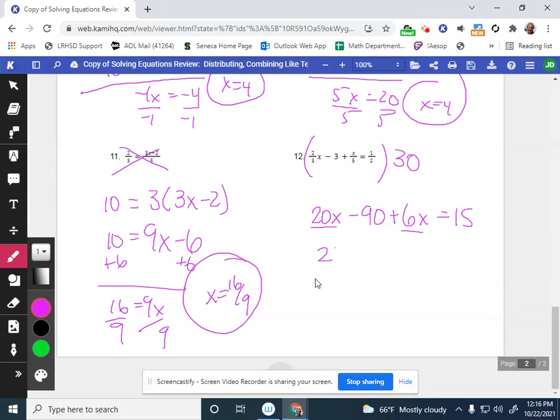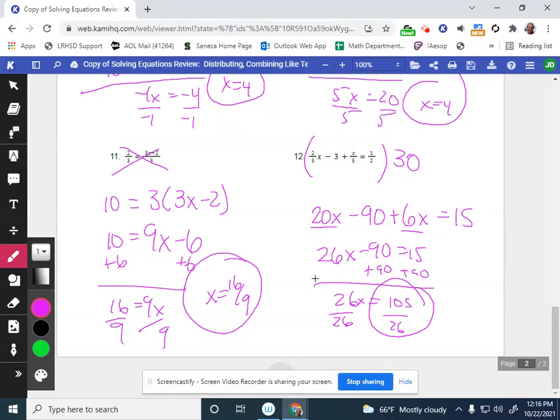Combine your like terms on this. Add 90 to both sides. We've got 26x equals 105. Divide both sides by 26. And x is going to be 105 over 26. That does not reduce anymore.